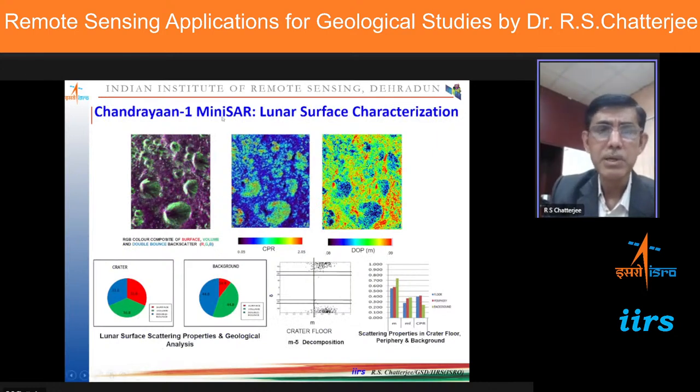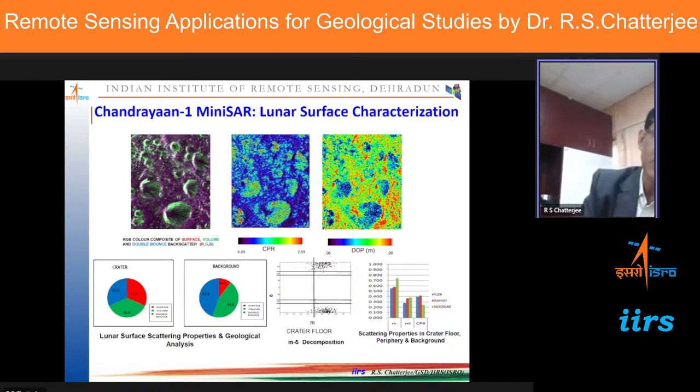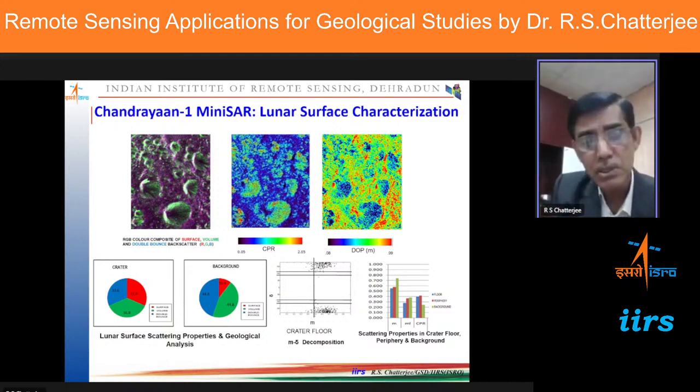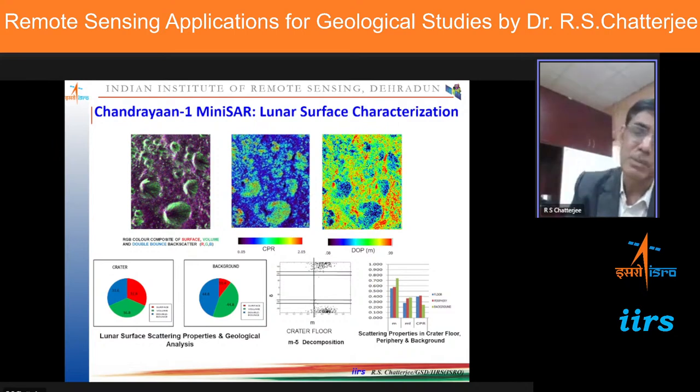Now using microwave remote sensing also, we can characterize the lunar surface, the geometry of the craters and the scattering properties rather. Scattering tells whether it is made of loose regolith materials, or of fresh rock fragments, so whether it's a rugged area or a smooth surface where surface scattering takes place.